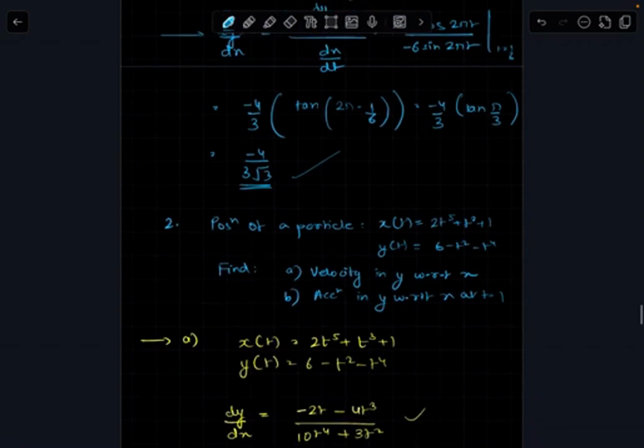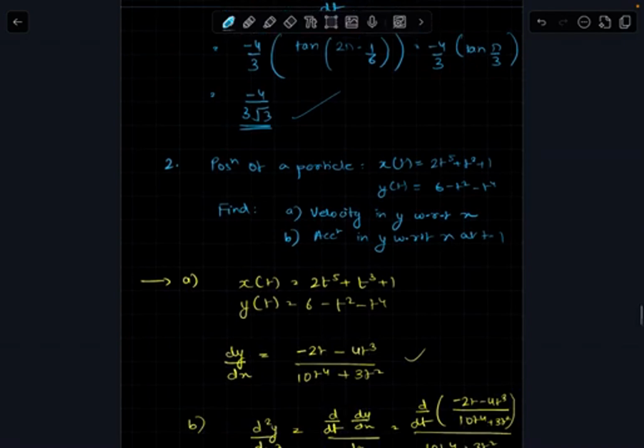Now we have a question kind of like physics, right? It involves kinematics. So your position of a particle is described by two equations in the x and y axes. So for your x of t, you have this equation right here, and for your y of t, you have this equation right here. So the first thing you do is find the velocity in the y direction with respect to x. This hints at finding your dy by dx.